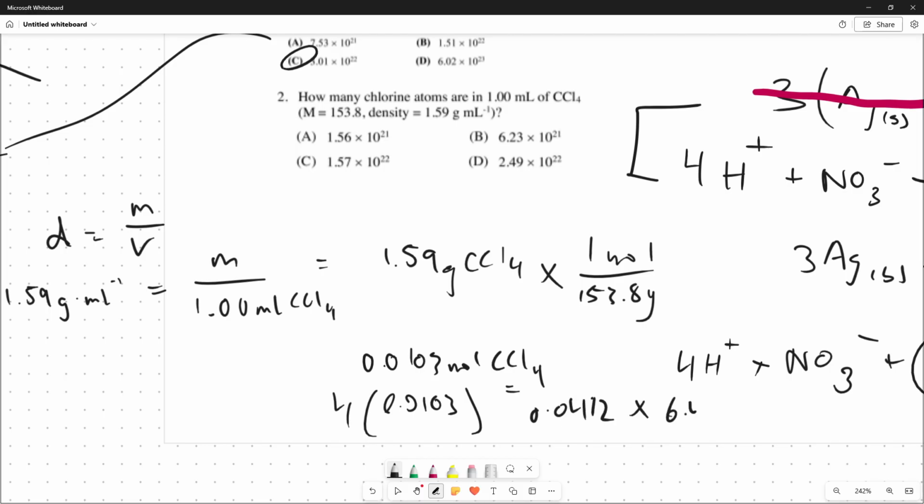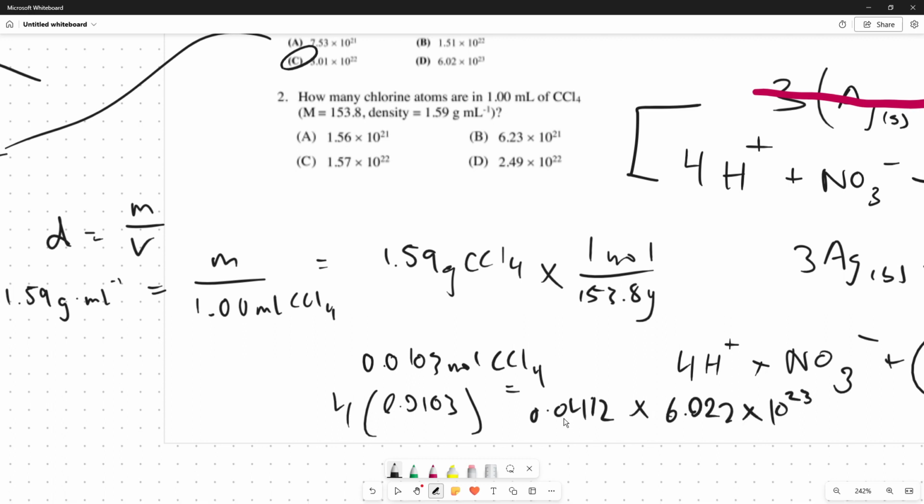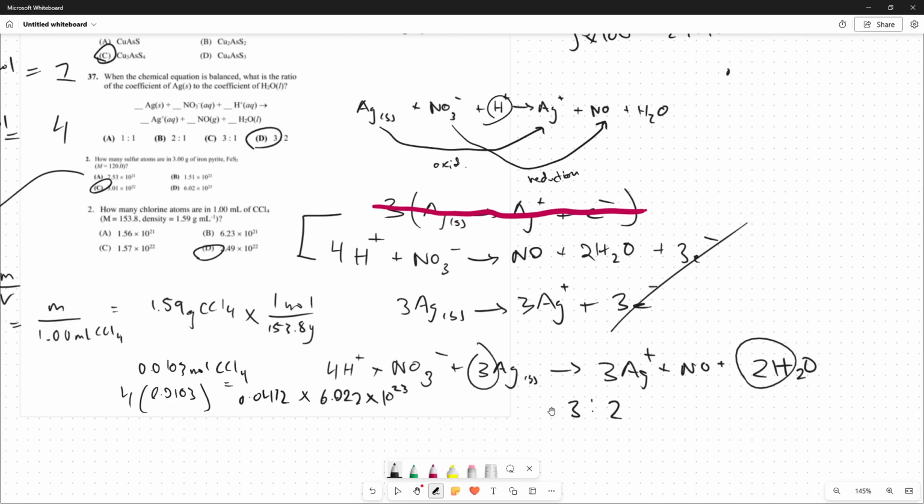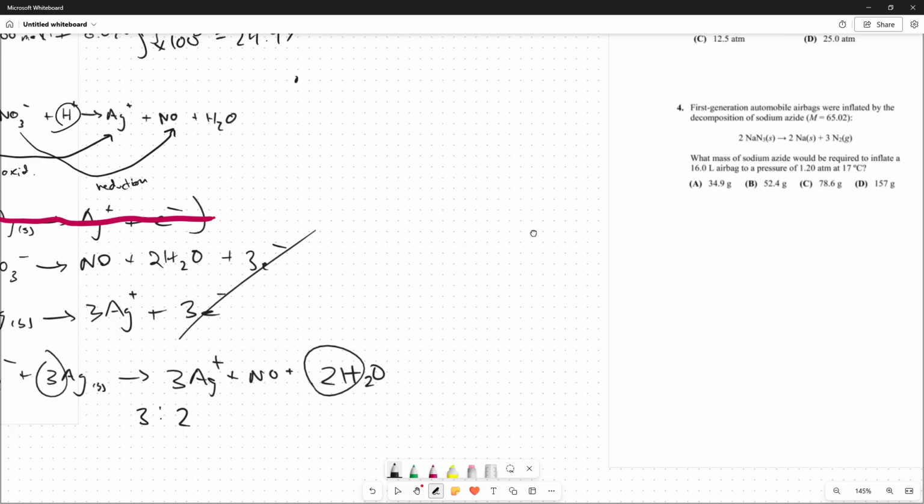Now we're going to multiply that by Avogadro's number. And that's 0.2481, which is very close to answer option D. I'm not even going to do the 10 to the 23rd thing, just to cut some time. Okay, time to go to the next page. Don't worry, it's only 2 questions.